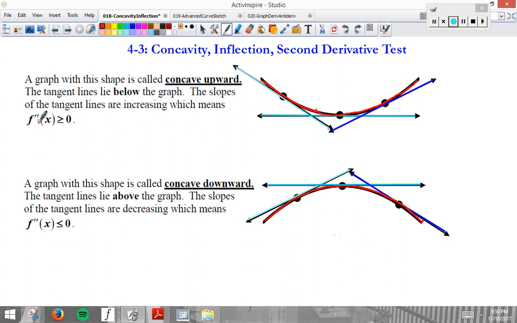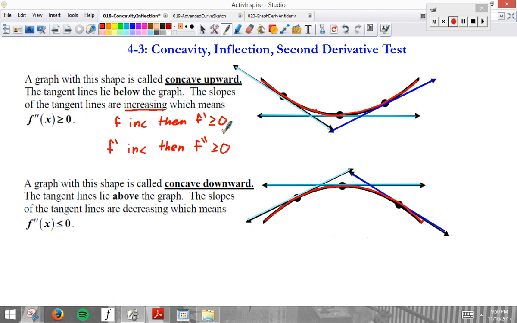Why does this mean that the second derivative is greater than or equal to 0? Well, if f is increasing, then f prime is positive. That's what you learned in the videos for 4-2. So if the slopes of f are increasing, then the derivative of f prime would be greater than 0.